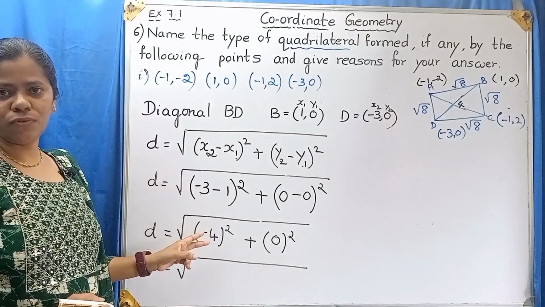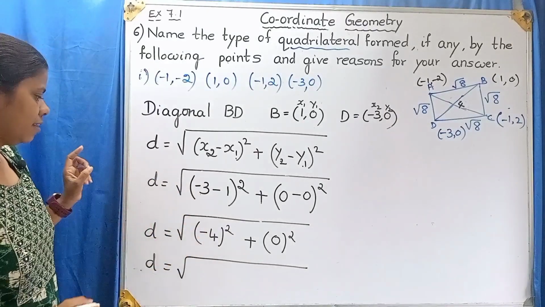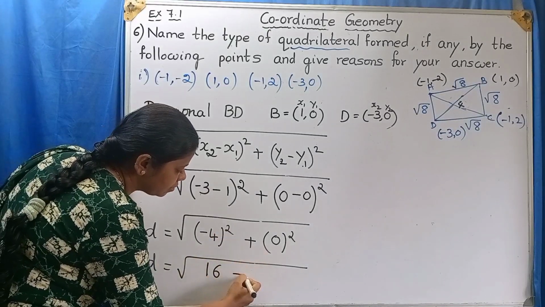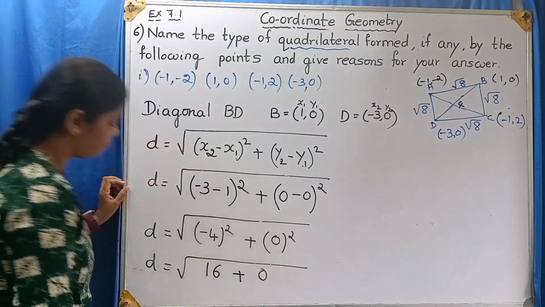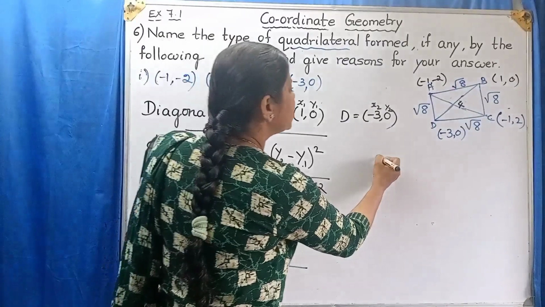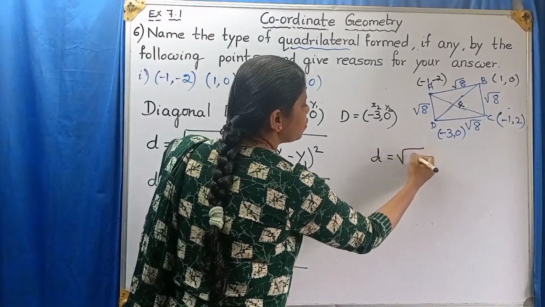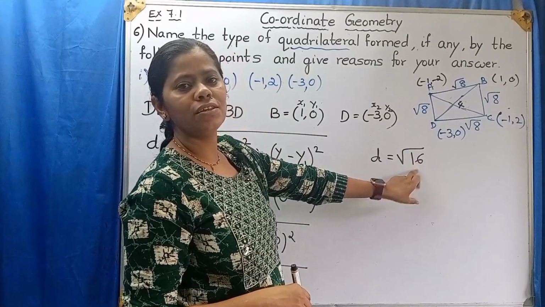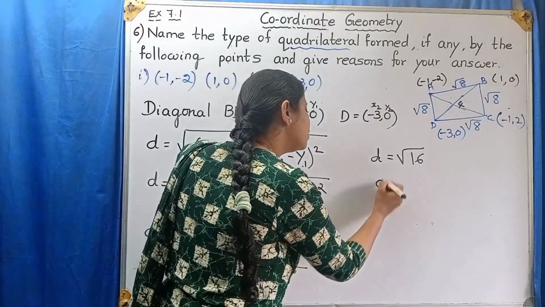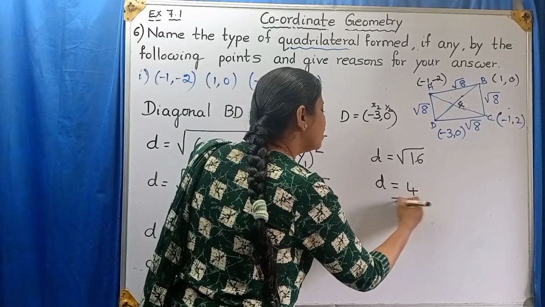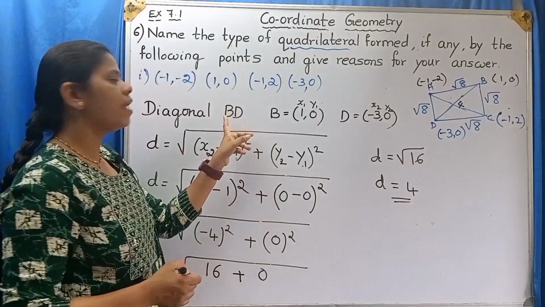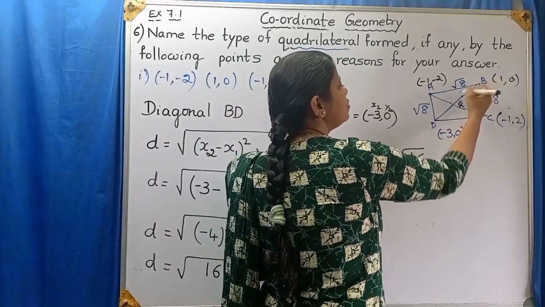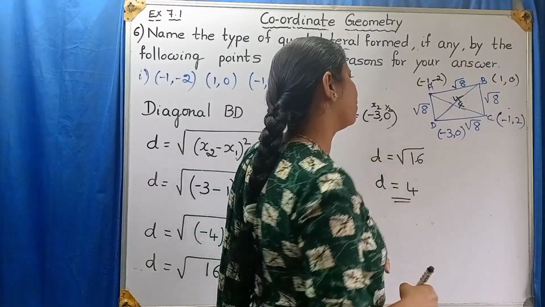Minus 4 into minus 4 is plus 16, right? 16 plus 0 square is 0. D is equal to square root of 16, and the square root of 16 is 4. D is equal to 4. That is, the distance of the diagonal BD is 4.